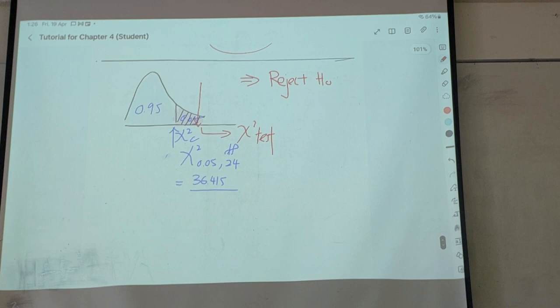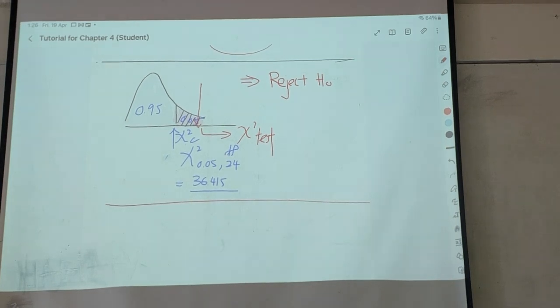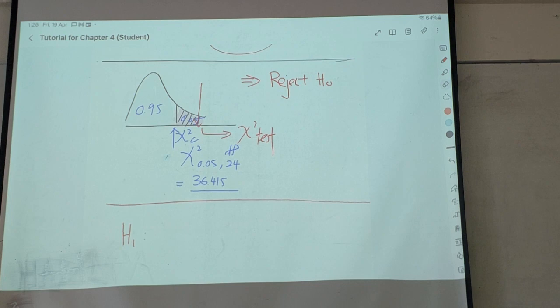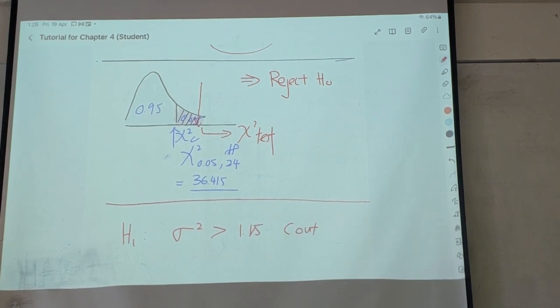If we reject the null hypothesis, we write a conclusion. Alternatively, now we have enough evidence to prove that the variance is greater than 1.15. Of course, we have enough evidence to prove that for the entire population, they are out of control.